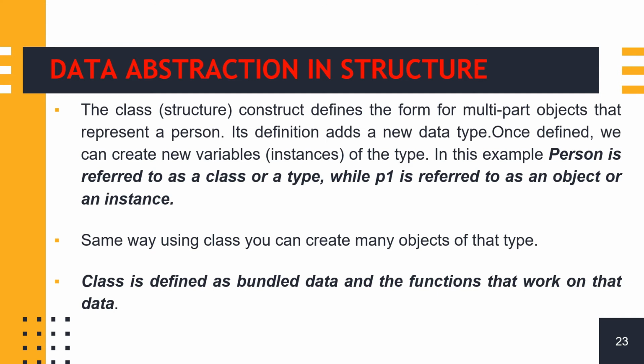Once defined, we can create new variable instances of the type. In this example, person is referred to as a class or a type, while p1 is referred to as an object or an instance. In the same way, using a class you can create many objects of that type. A class is defined as bundled data and the functions that work on that data, right?